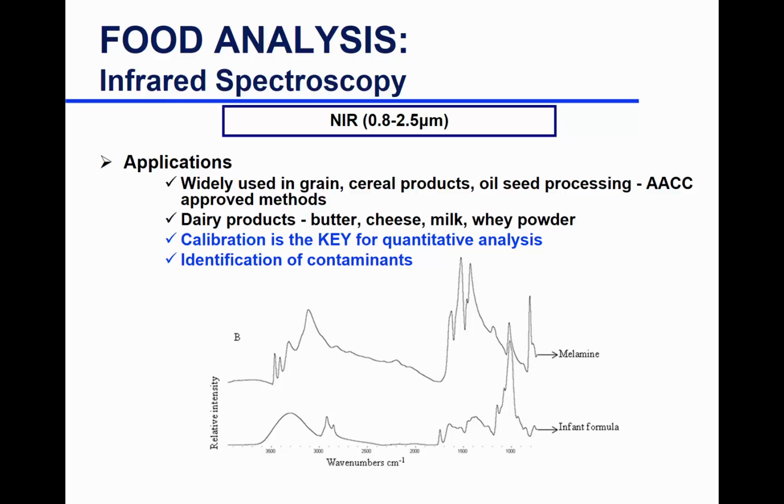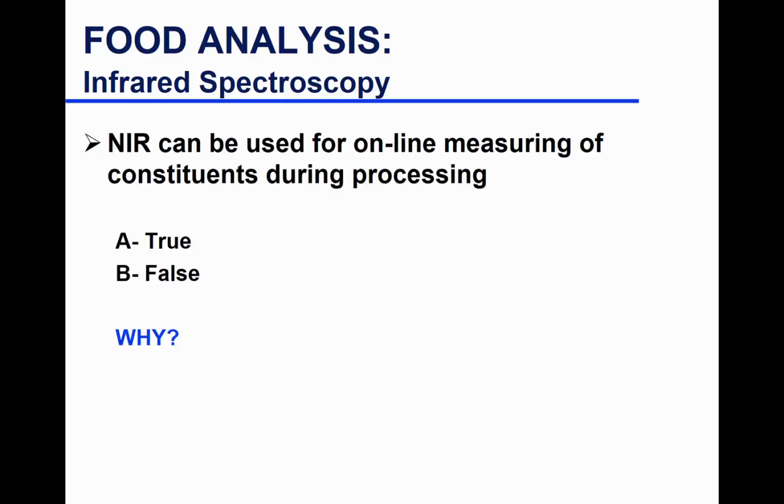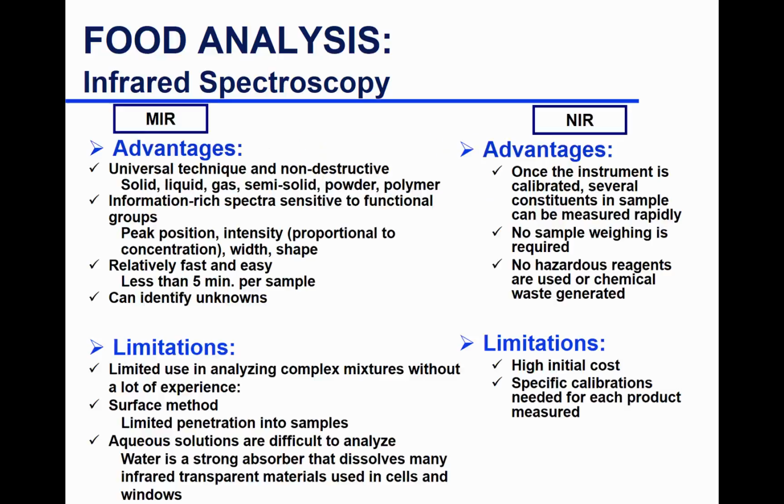And if you have some of these peaks here, you can say, well, okay, then I probably have melamine in my sample, if they show up where they wouldn't have shown up otherwise if the infant formula does not have melamine. You can use that for online measurement.